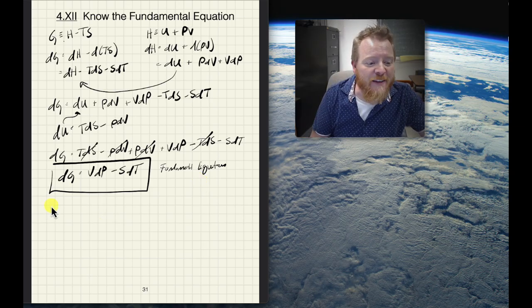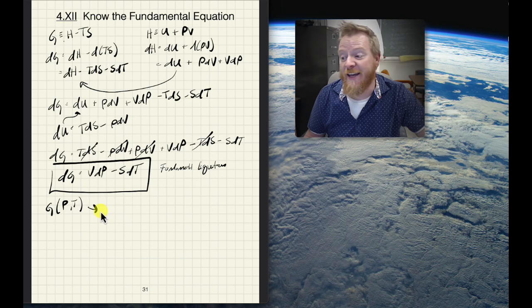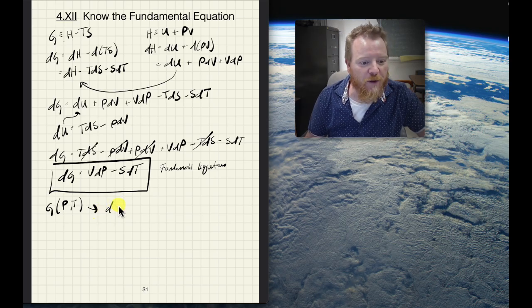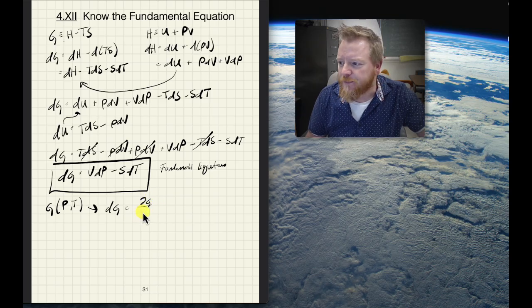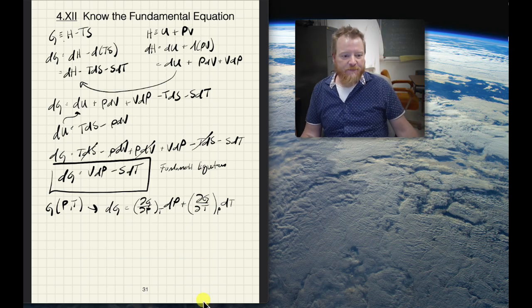So now we can see that G is a function of P and T. And we note that G is a state function. So if we look at its total differential, dG, that will be the partial derivative of G with respect to P at constant T dP plus the partial derivative of G with respect to T at constant P dT.